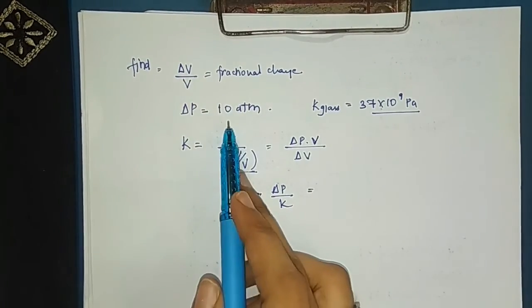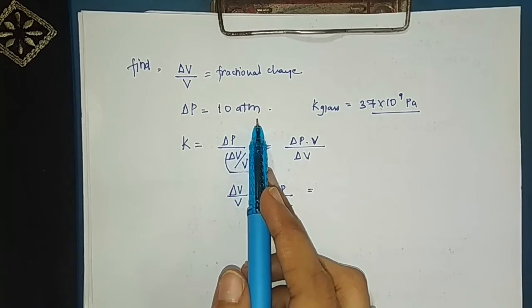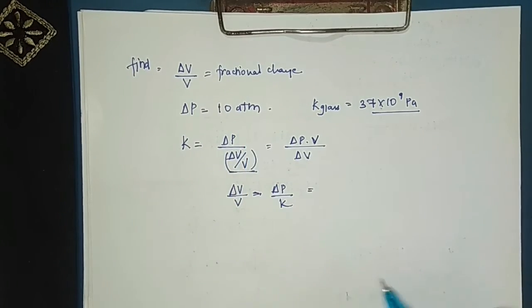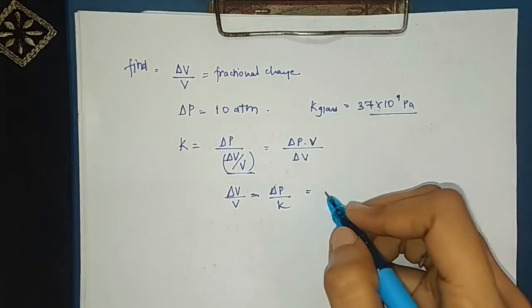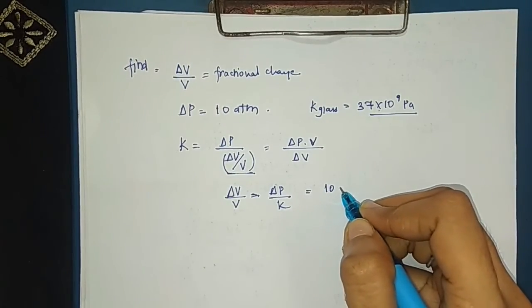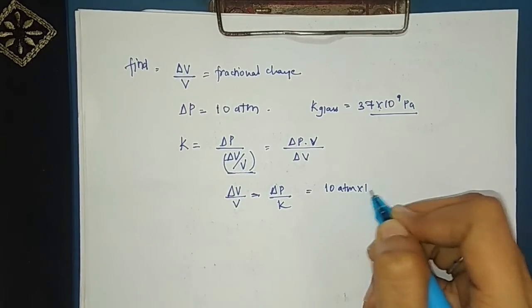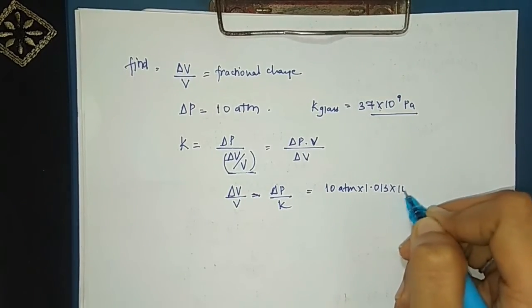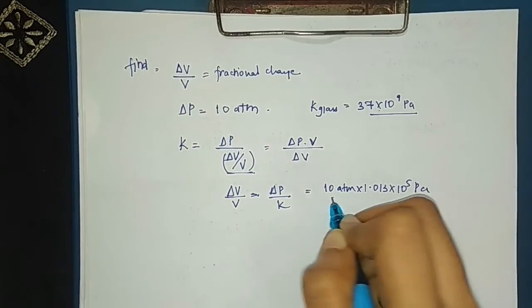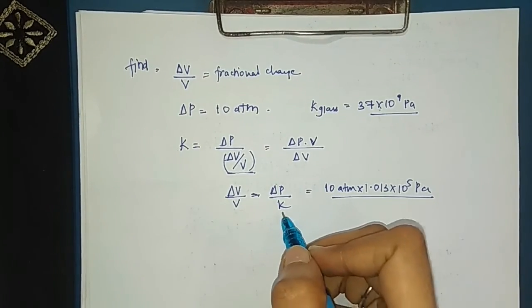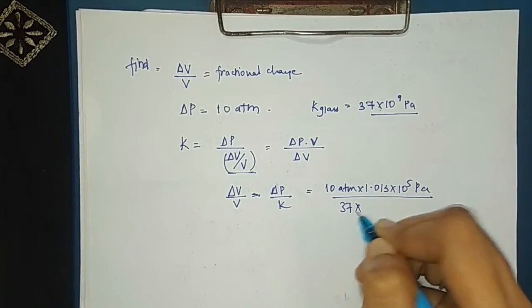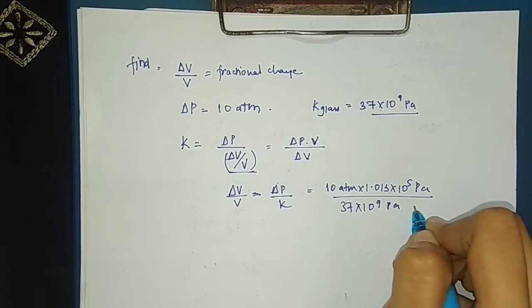Change in pressure is given in atmosphere, so we'll convert it into Pascal by multiplying by the standard pressure. So it's 10 atmosphere into 1.013 into 10 raised to 5, converted into Pascal, and the bulk modulus is 37 into 10 raised to 9 Pascal.